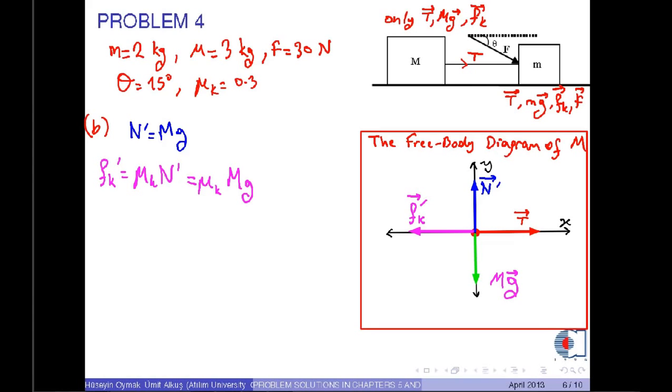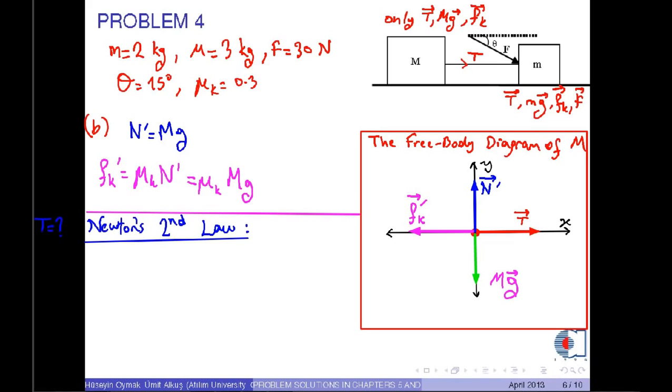To find tension T, we utilize Newton's second law, that is F net equals M times a. The motion is in the positive x-axis, as we have found in the first part. Thus, we write T minus f k prime equals capital M times acceleration of the whole motion, that is a.